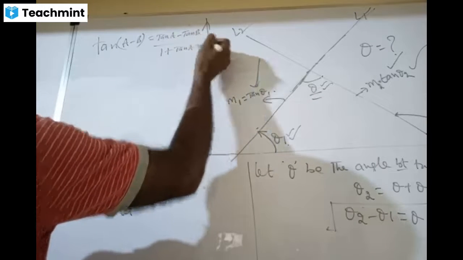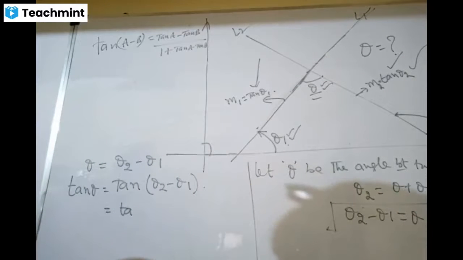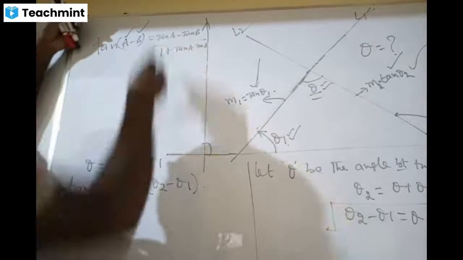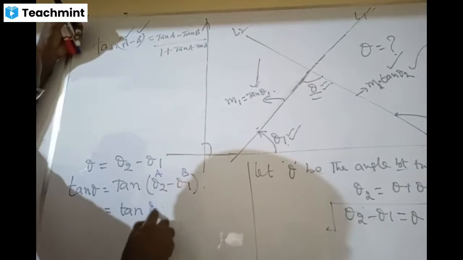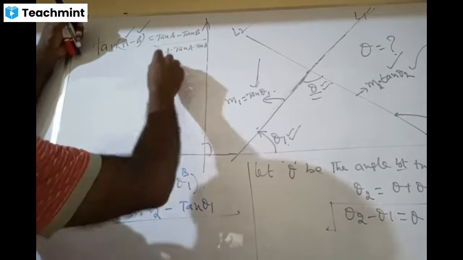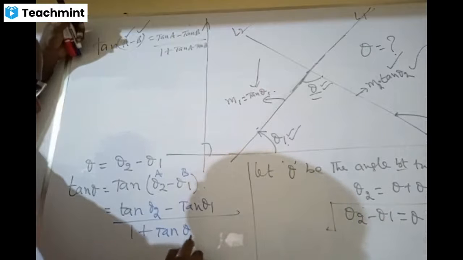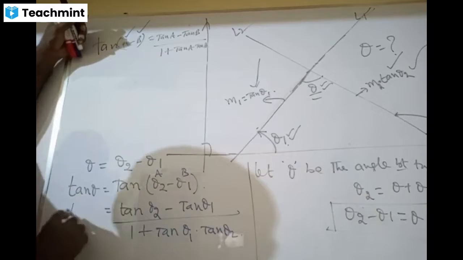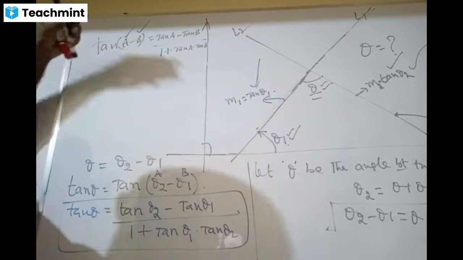See now, trigonometry and how useful it is. Friends, same story, A and B. Tan θ2 minus tan θ1 by 1 plus tan θ1 into tan θ2, that is tan theta.